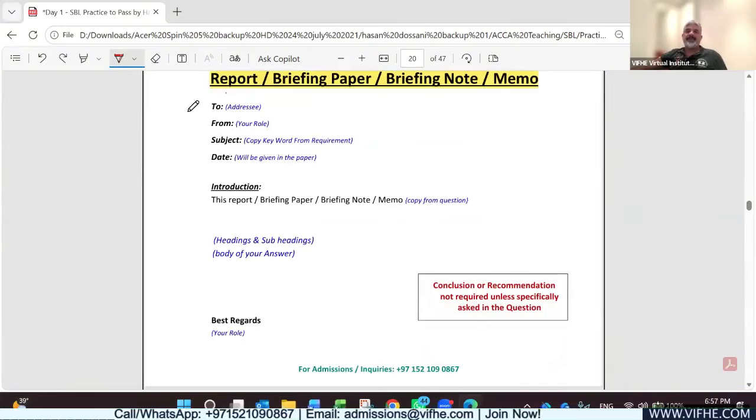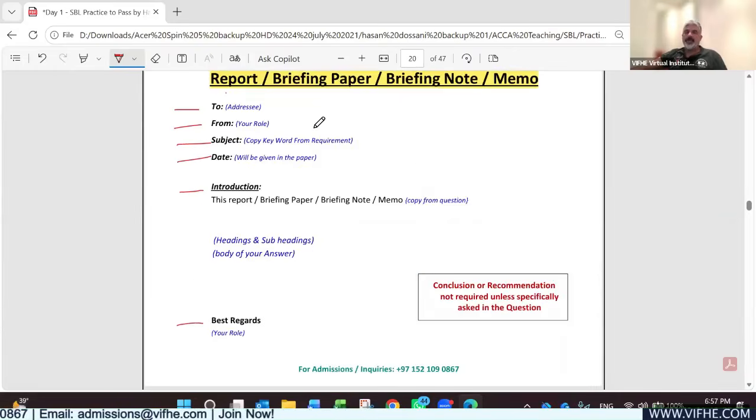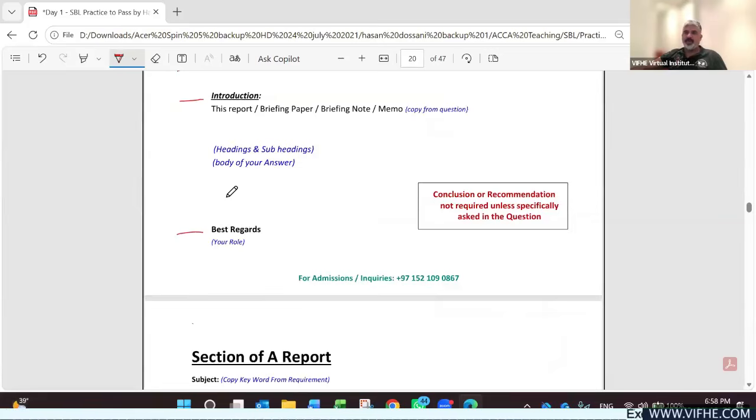On the format, there are 6 things: to, from, subject, date, introduction, and closure.